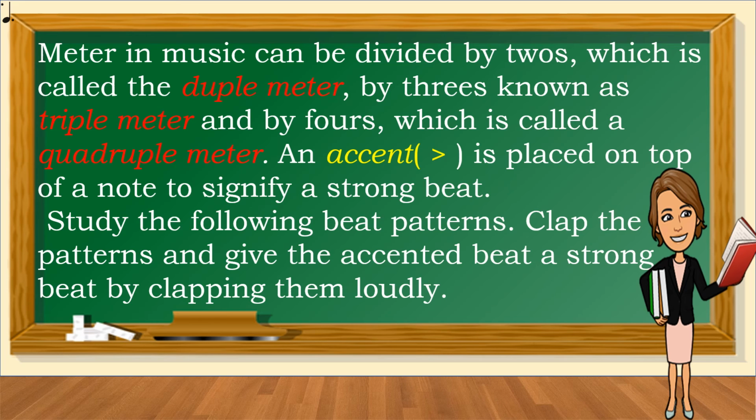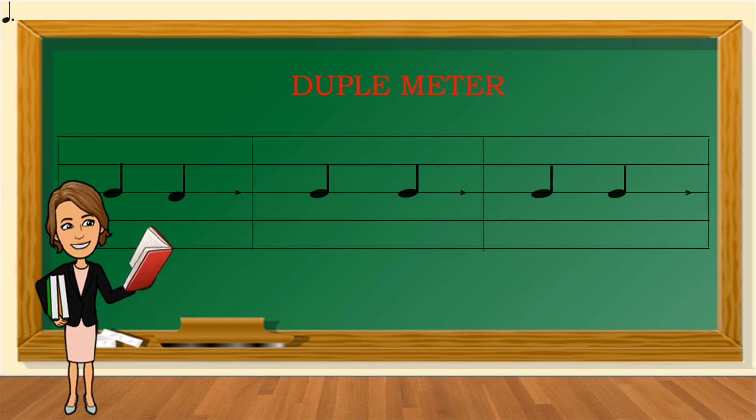An accent is placed on the top of a note to signify a strong beat. So let us study the following beat patterns by clapping the patterns and giving the accented beat a strong beat by clapping them loudly. So we have here the different kinds of meter. The first one is the duple meter.